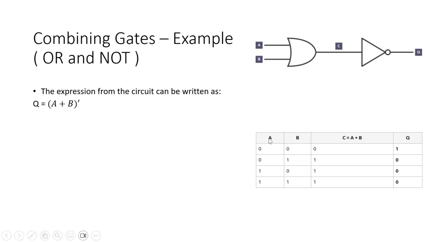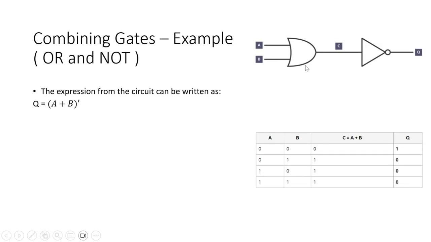So step one is make two columns, A and B, as your inputs. And since there are two inputs, there are four combinations. So 0, 0, 0, 1, 1, 0, 1, 1, because they both can be 0, one can be 0 and the other 1, then 1, 0, and 1, 1.